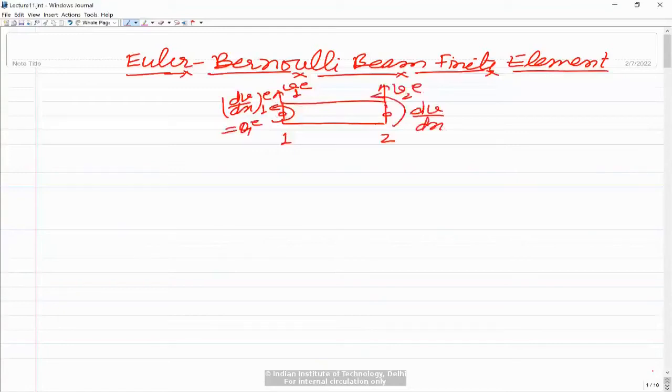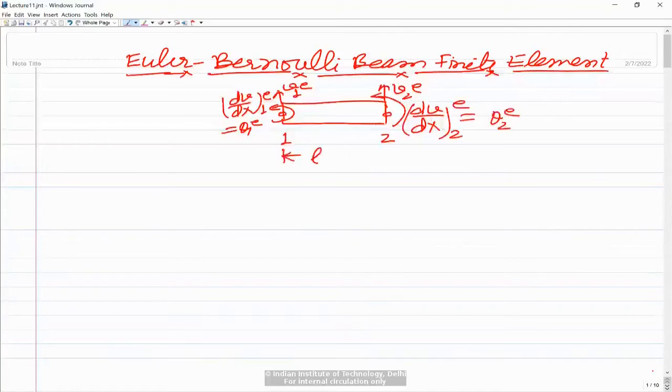I used capital X here. Of course, the derivatives are the same whether you take them with respect to the global x coordinate or the local x coordinate. So this is equal to theta 2 e. So these were the degrees of freedom, two at each node.